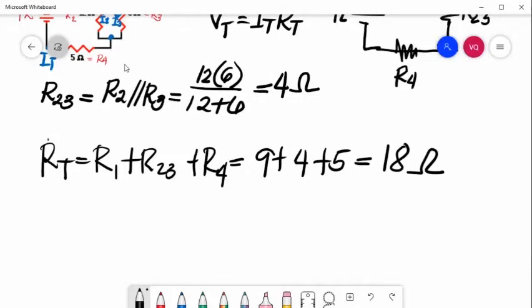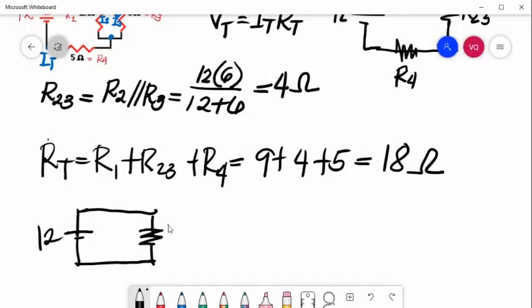The equivalent circuit now will look like this. Source, your 12, and your total resistance. Simple Ohm's law, you can solve your total current. So IT is equal to, what is our source voltage?